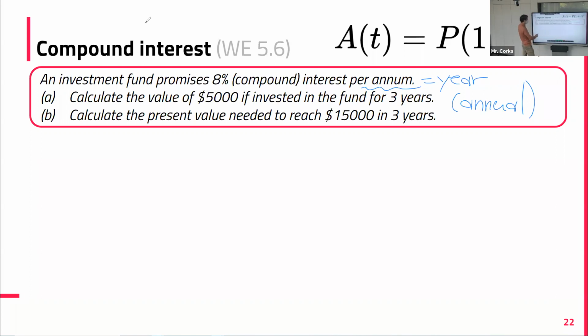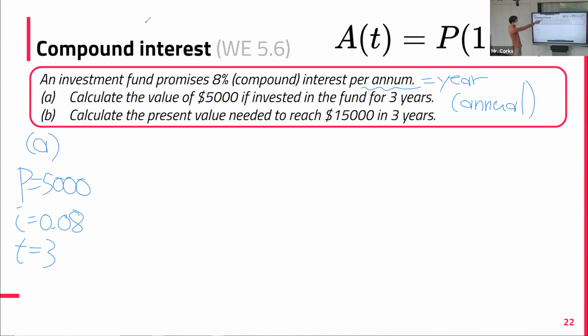All right, so what information have we been given for part A? Our original value, our principal here, is 5,000. What other information do we have? Interest. 0.08. Anything else? Our t, our time, is 3 years.